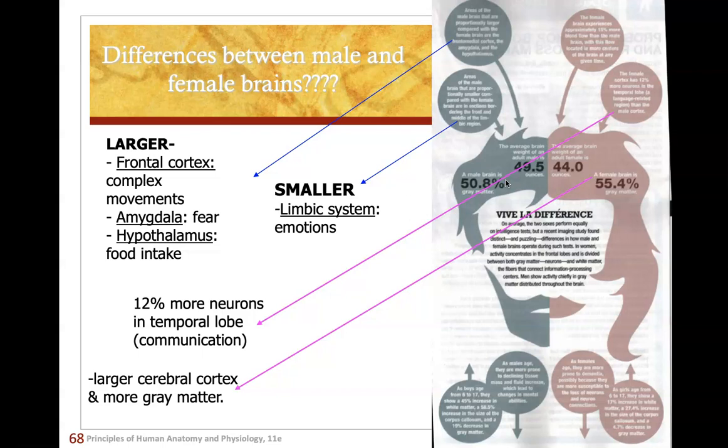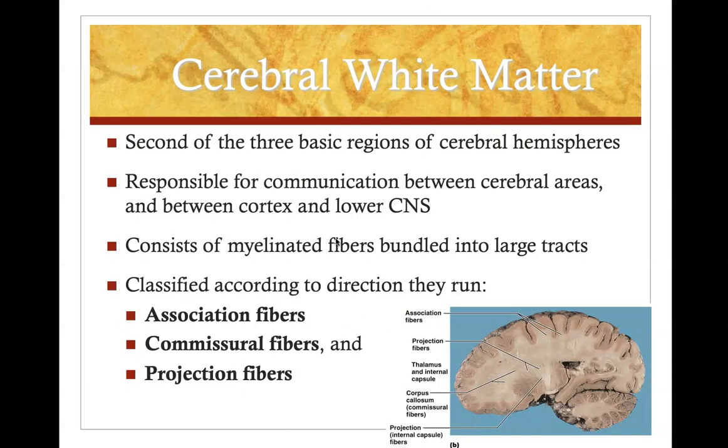So take this with a grain of salt, because obviously different areas of the brain are going to be more active in different individuals. There may be some men that have more activity in the limbic system than others, and so on. So differences from individual to individual, but just kind of interesting.